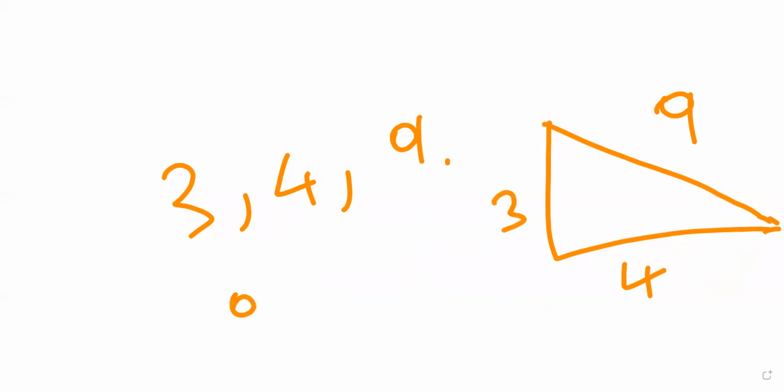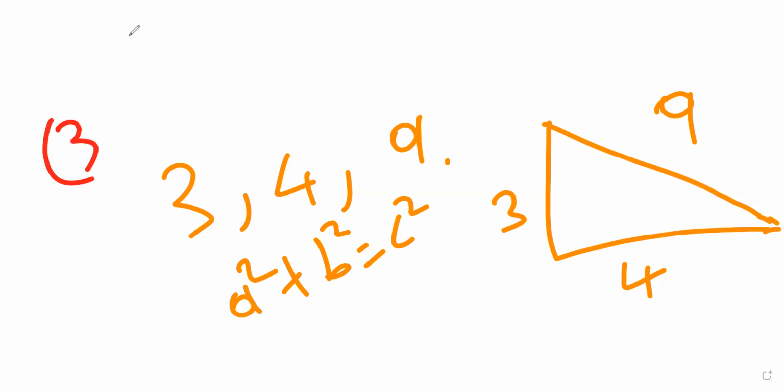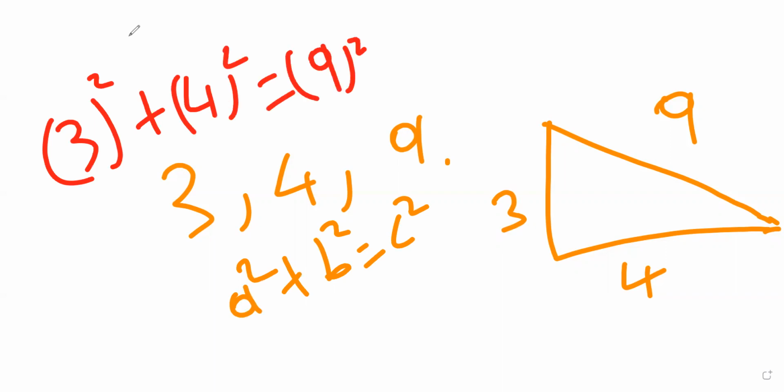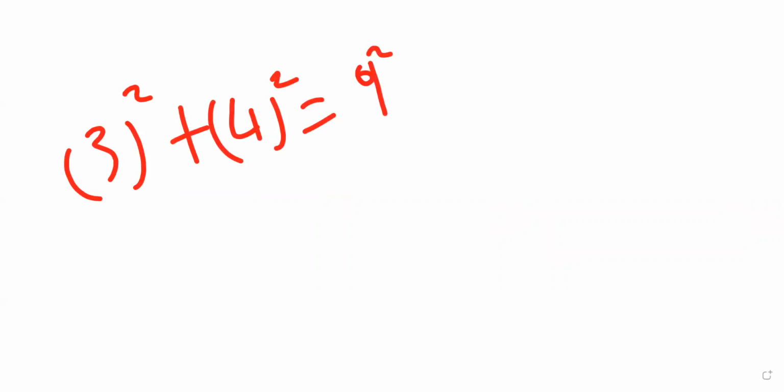The formula is a squared plus b squared is equal to c squared. All I'm going to do is plug my values into this formula. I'm going to write 3 squared plus 4 squared is equal to 9 squared.